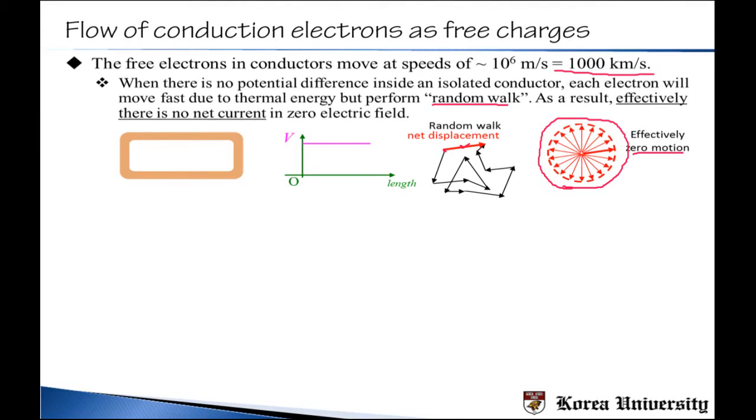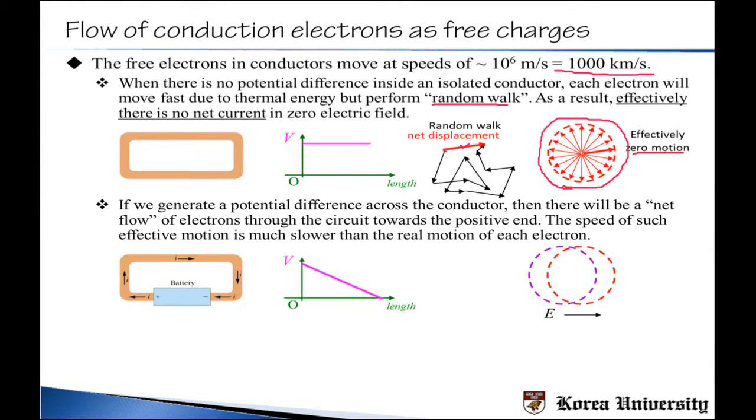Suppose now we apply the electric potential. According to this picture, this random walk is so fast that it's not changing much, but applying the electric potential only slightly modifies the motion.